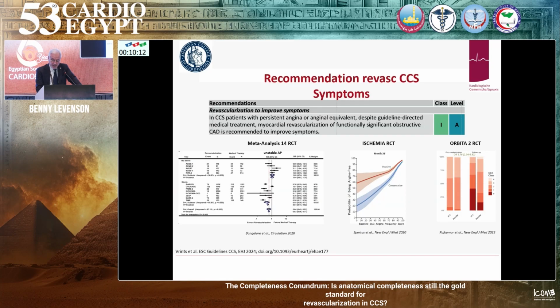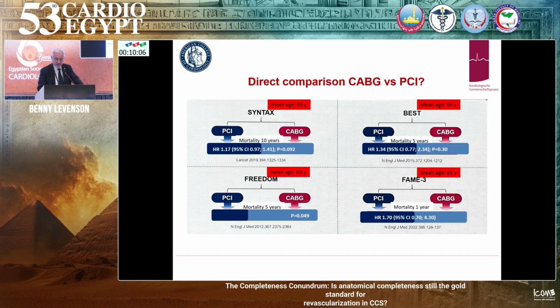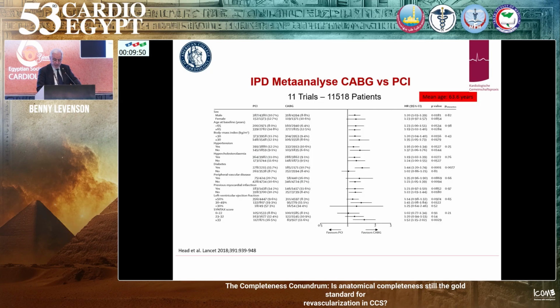So the question is, what are we doing? Are we treating symptoms? If we're talking about symptoms, we're going to hear about the ISCHEMIA trial, so I'm not covering this at the moment. If you go to the direct comparison between CABG and PCI, SYNTAX, BEST, FREEDOM, and FAME 3, you see that except maybe the BEST study, it turns a little more in the direction of CABG.